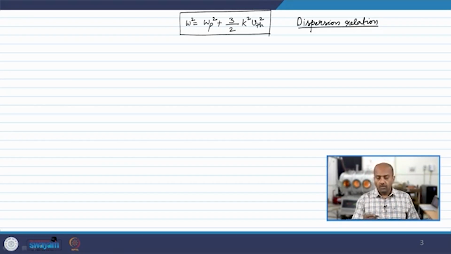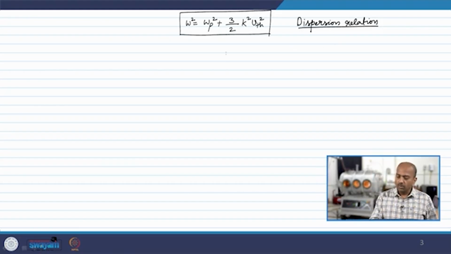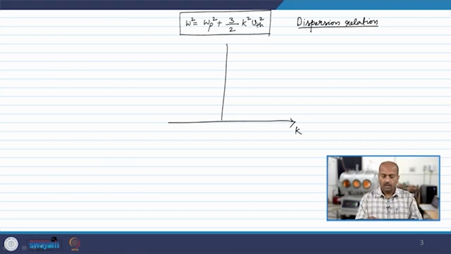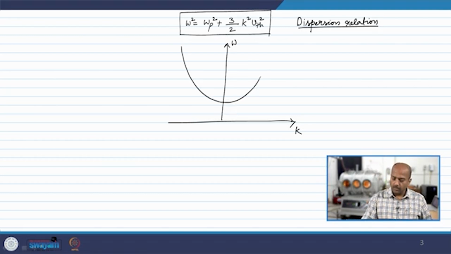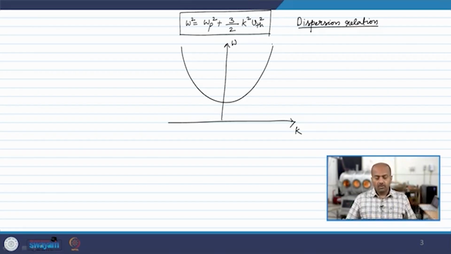Now, if you plot this, taking k along the x axis and omega along the y axis, it will look something like this. There will be a negative frequency term also, which we have not considered, and this is how the dependence of omega with respect to k will look.